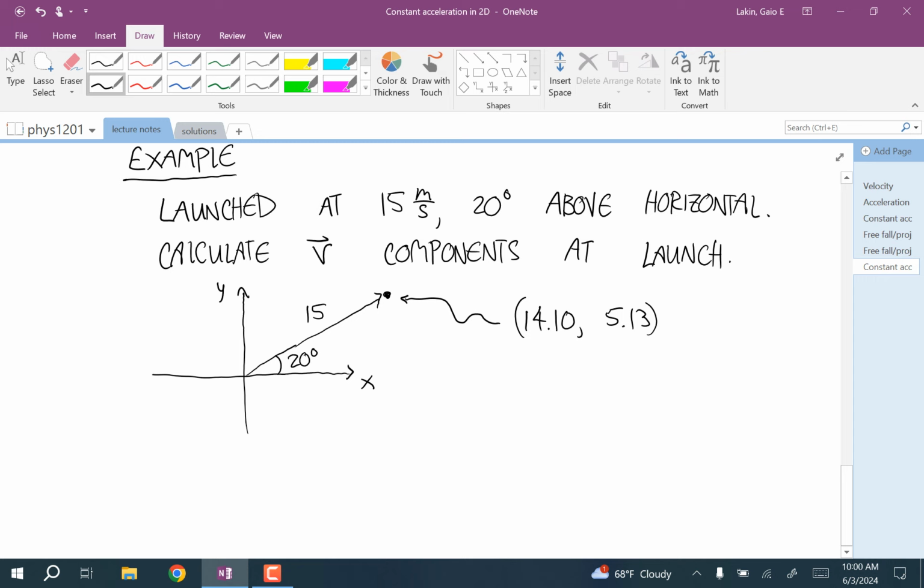And so that says that at the instant this is launched, the velocity vector is 14.10 meters per second in the I direction. That I means x. Don't blame me, I don't make these rules. That's what everyone else calls it, so that's what we're going to call it. And then 5.13 meters per second j, which means in the y direction.